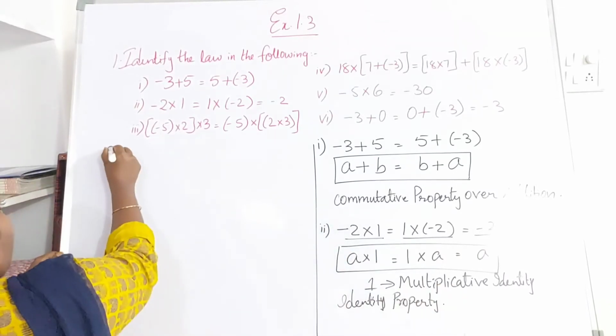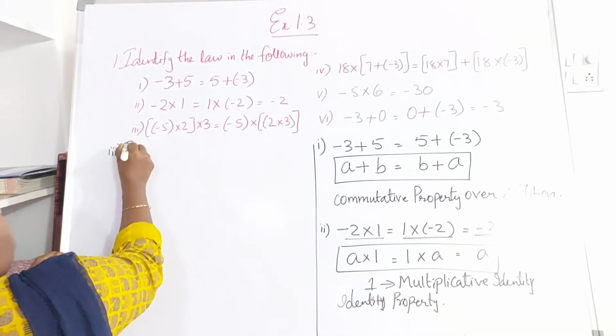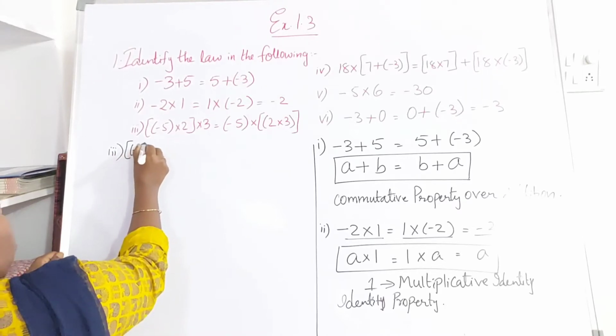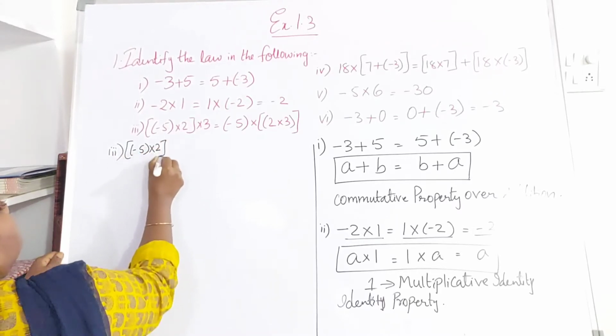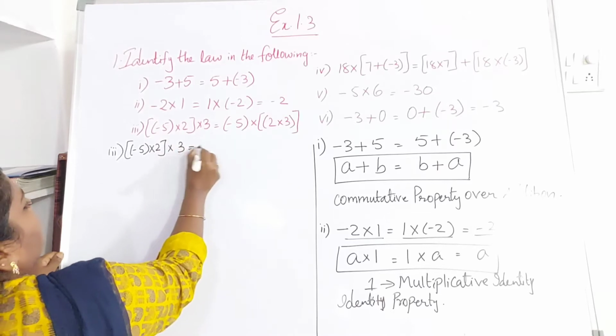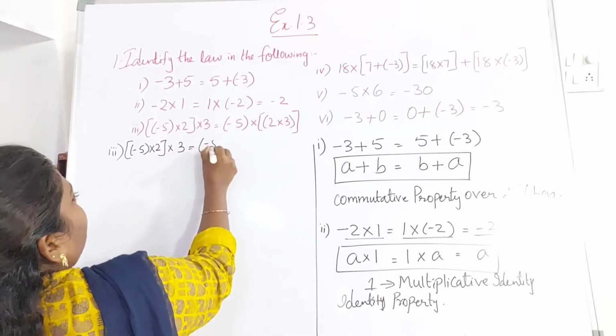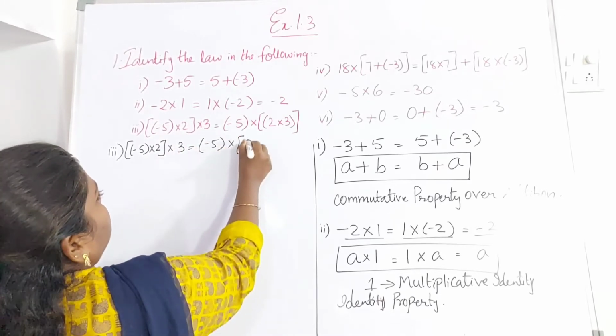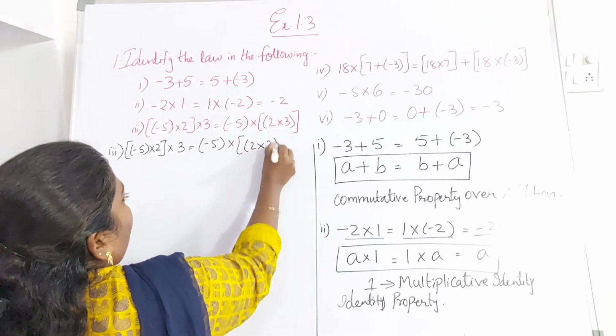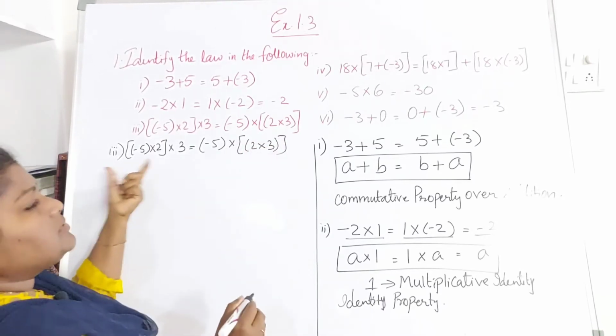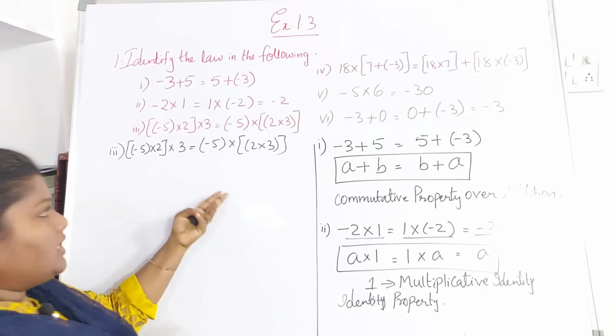Next one, minus 5 into 2 into 3 is equal to minus 5 into 2 into 3. Now here you can observe that there are 3 terms involved in LHS and also in RHS.